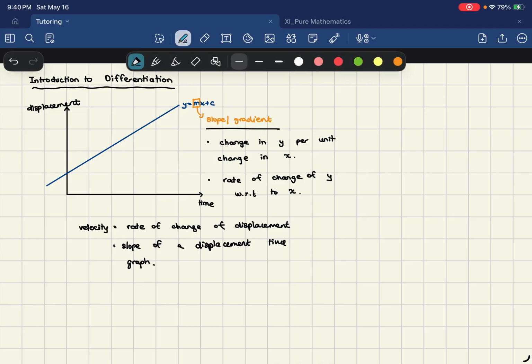If the slope of this line is 2, what does it mean? It means that if my time increases by 1 second, my displacement increases by 2 meters. So 2 meters per 1 second gives you a velocity of 2 meters per second.